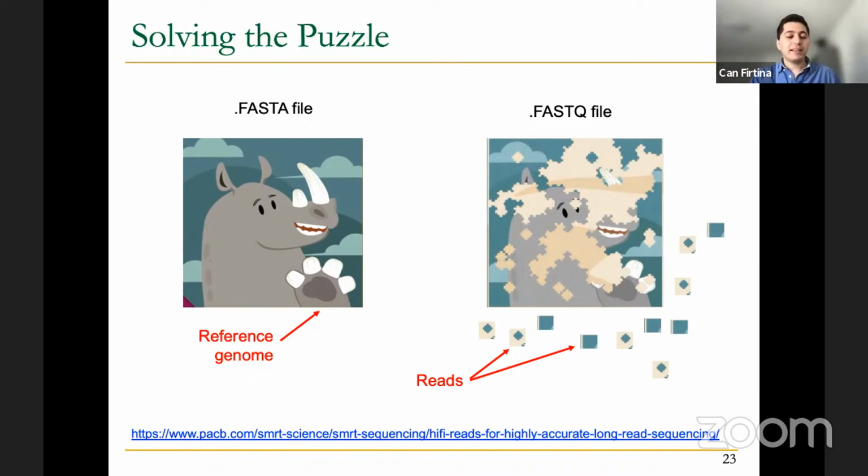As I said, some sequencing machines provide large chunks, large reads, but they are really erroneous. And some machines provide really small reads, really short sequences, but they are really accurate. So there are trade-offs between them. But the goal is, again, to complete that picture by looking at the picture that we already have, which we call the reference genome.